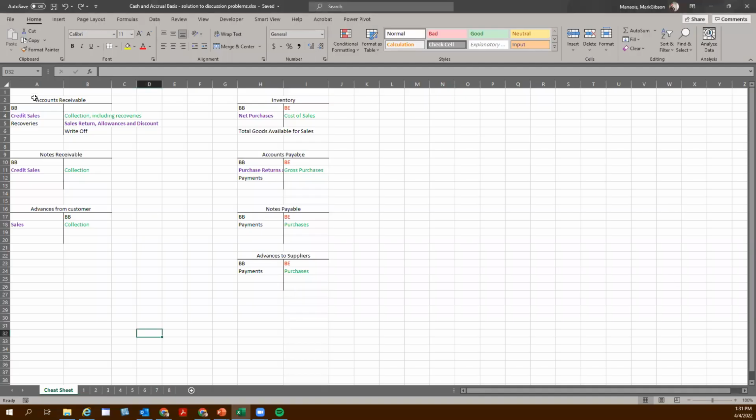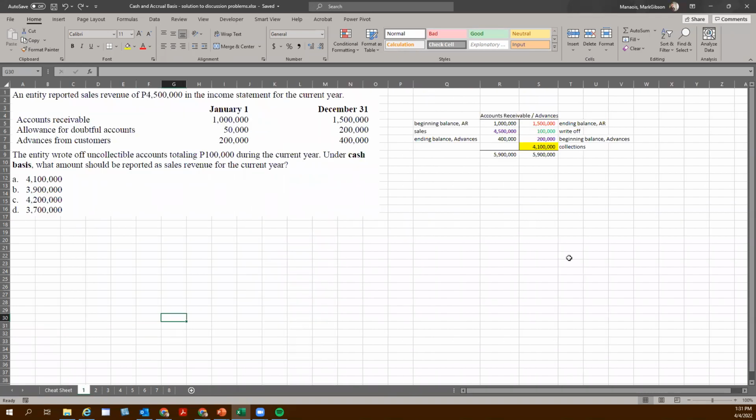Okay, so I also prepared here some cheat sheet, pero ang gagawin natin is we'll apply this straight to our discussion problems. So for example, itong problem number 1, we are combining the balances for accounts receivable and advances.